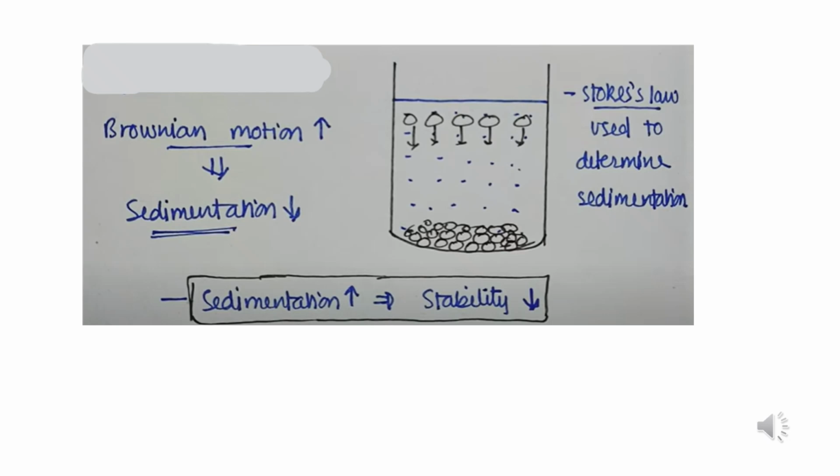If sedimentation is stronger, the particles will settle at the bottom, and that leads to an unstable system. The sedimentation rate can also be calculated using Stokes law. Stokes law shows that larger particles, high density differences, and low viscosity will increase the sedimentation rate.